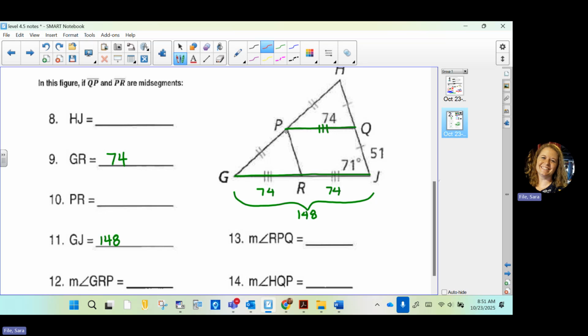Okay, now I've got PR parallel to HJ, which HJ cut in half is 51. This piece is marked 51. So this will be 51. This will be 51. And so what would this total length over here be? Good. So let's see if they ask for any of that. They did ask for PR.